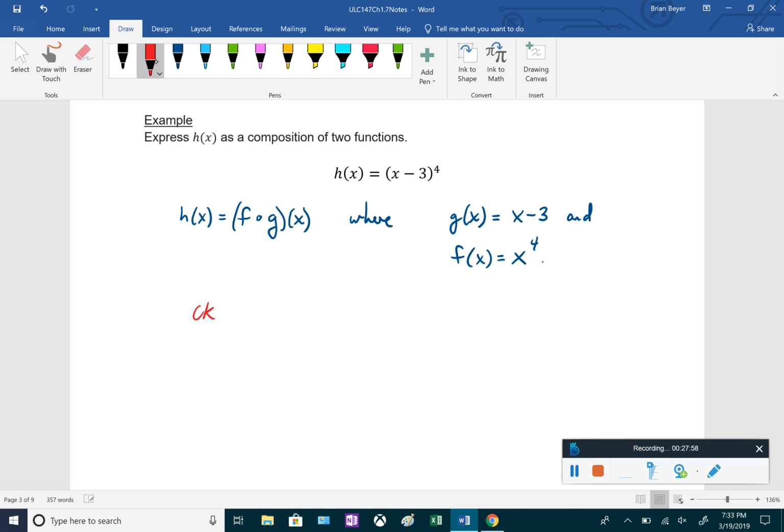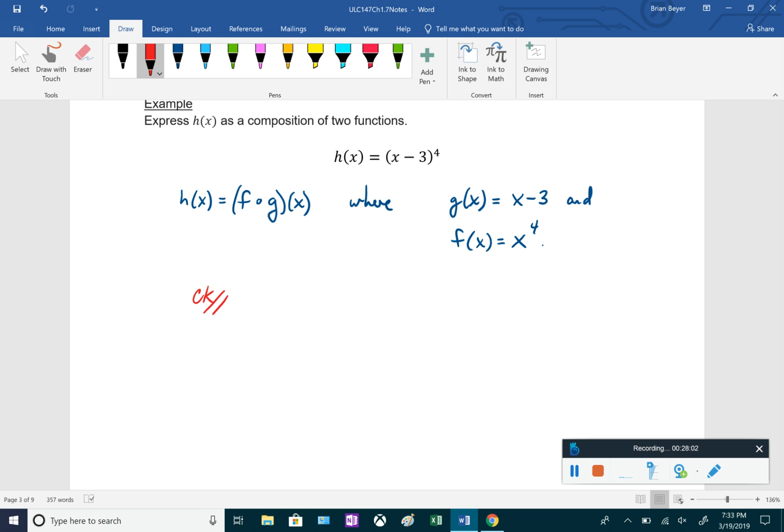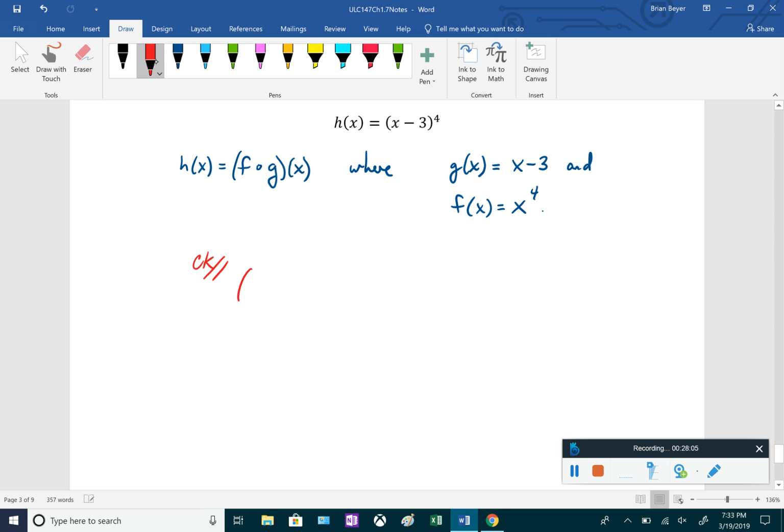So to check, f of g of x is going to be g of x plugged into f of x.